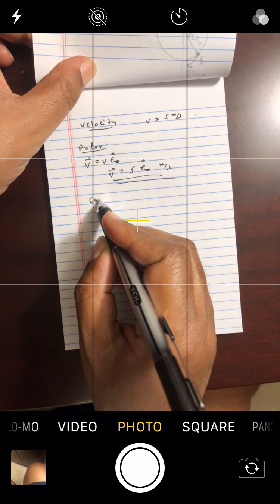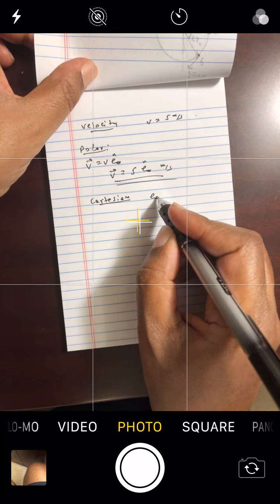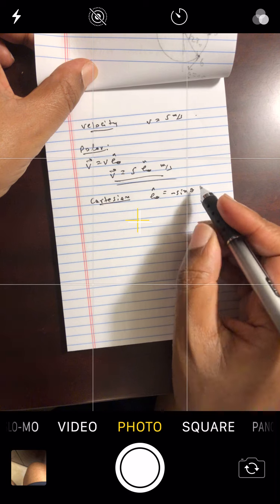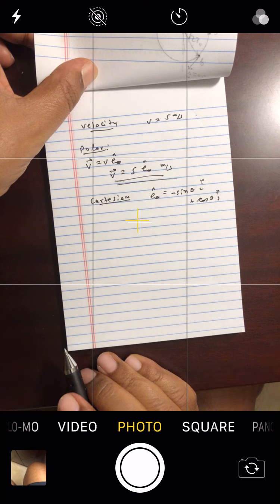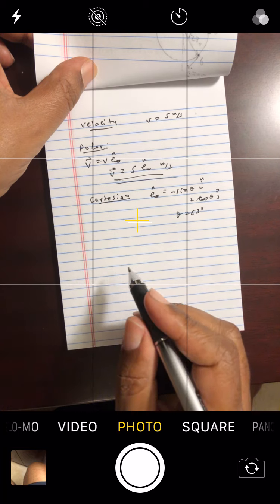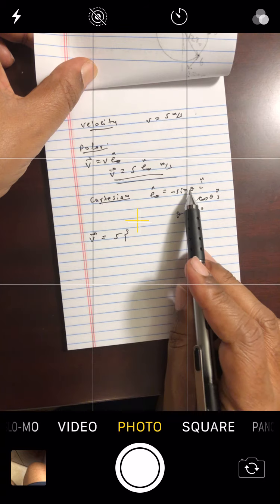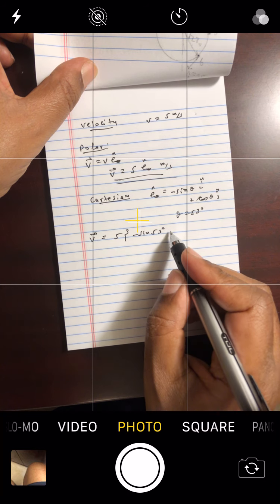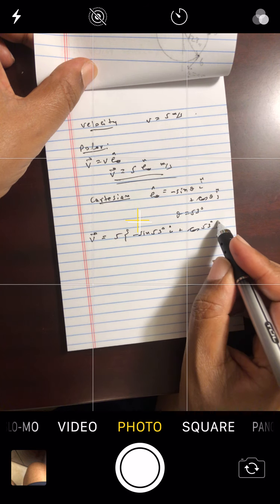Now let's do Cartesian. For Cartesian we have the following formula. We can convert this into i and j: negative sine theta in the i direction plus cosine theta in the j direction. Remember, theta is the direction of the position vector, so theta is 53 degrees. So the velocity in Cartesian coordinates is 5 times negative sine 53 degrees in the i direction plus cosine of 53 degrees in the j direction.